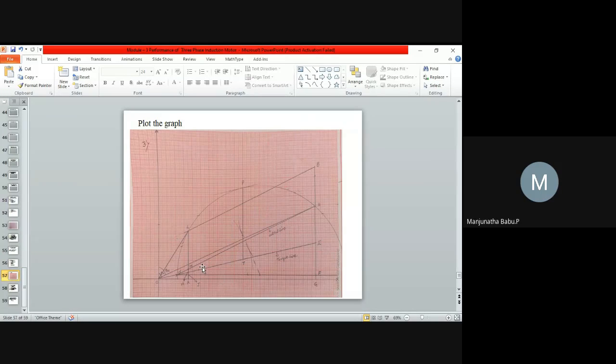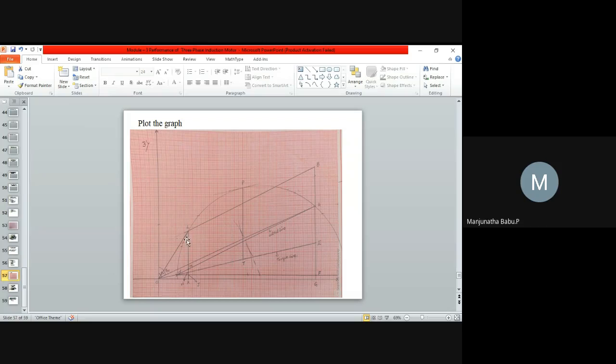Okay, now from this data we can find the line currents, power factor, losses, efficiency, and slip. With respect to this, join a line from O to L, and the angle from the y-axis to this line will give you the power factor angle, cos phi, that is the full load angle.